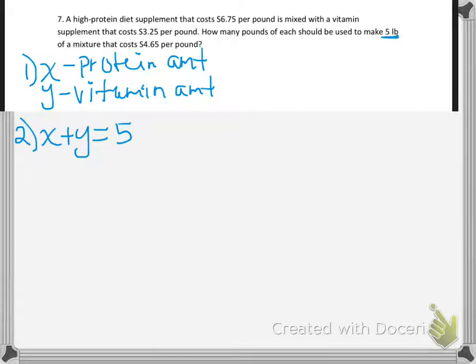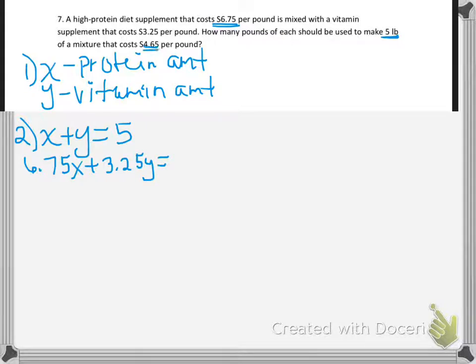Right? The protein costs $6.75 a pound. So $6.75 times x. And the vitamin is $3.25 a pound, so $3.25y.